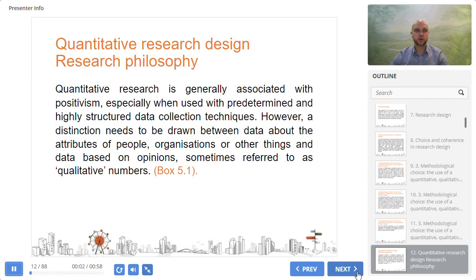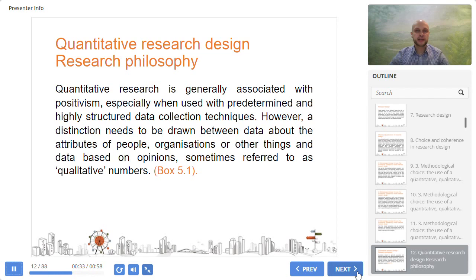Let's start from quantitative research design. From research philosophy. Quantitative research is generally associated with positivism, especially when used with predetermined and highly structured data collection techniques. However, a distinction needs to be drawn between data about the attributes of people, organizations, or other things and data based on opinions, sometimes referred to as qualitative numbers.